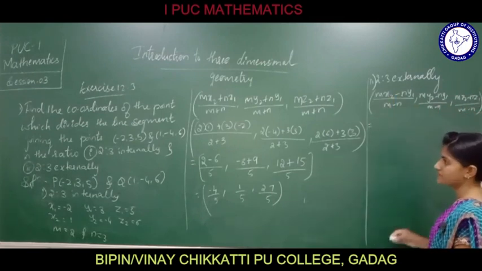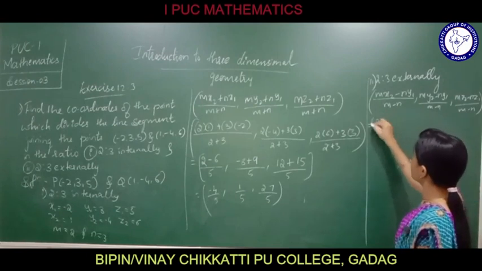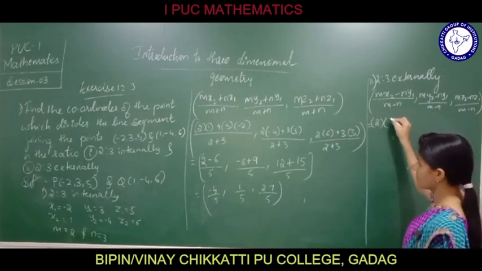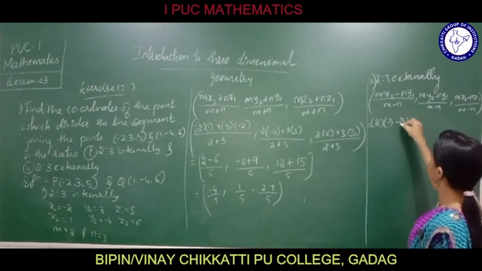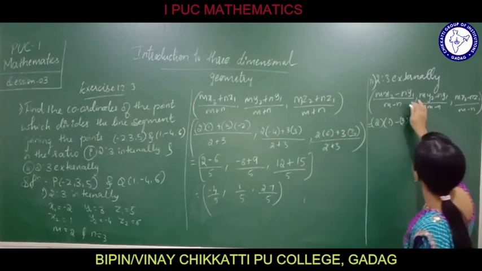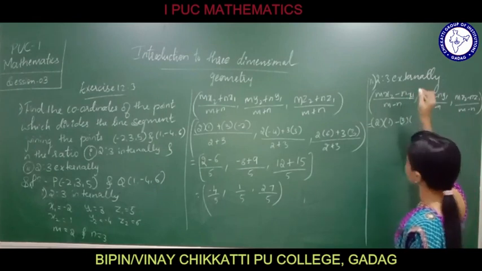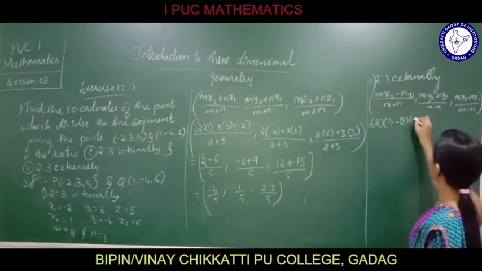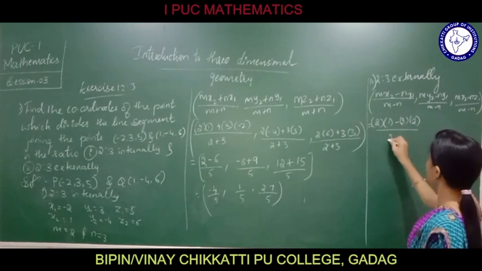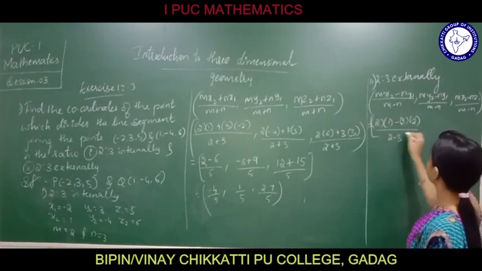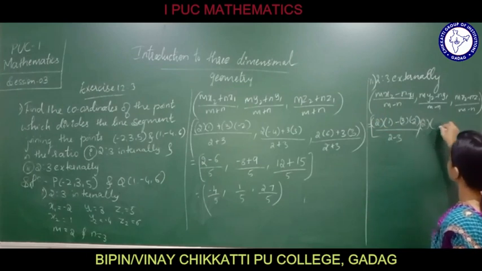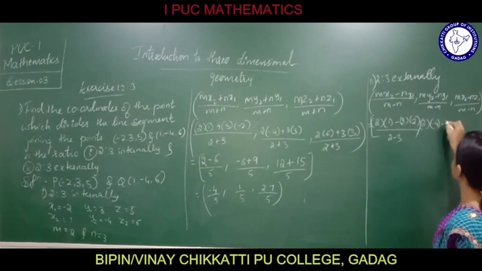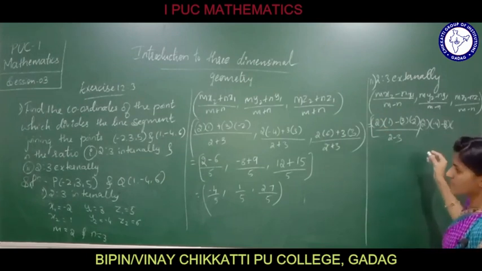M is 2 into x2 is what? 1 minus 3 into x1, right? What is x1? X1 is minus 2, divided by 2 minus 3. Next, m is 2 into y2 is minus 4 minus 3 into what about y1?